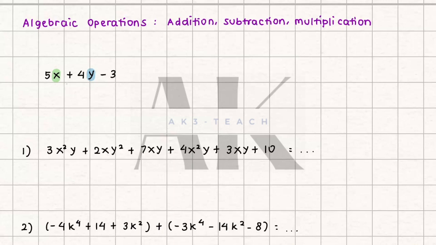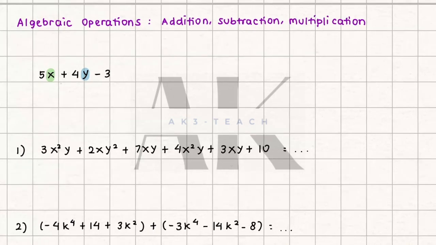In this case, the numbers that lie before your variables are what we call coefficients. So for example, for the green one here, our 5 is the coefficient for our x variable. And for the blue one here, our 4 is the coefficient for the y variable.